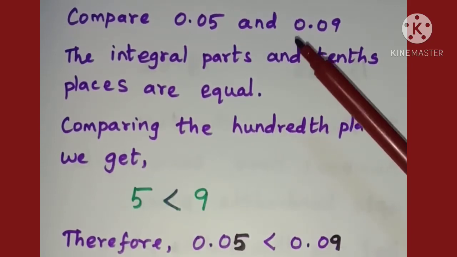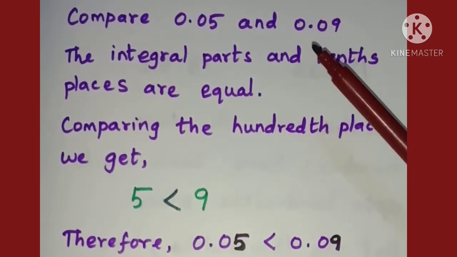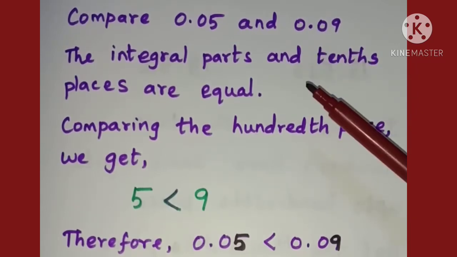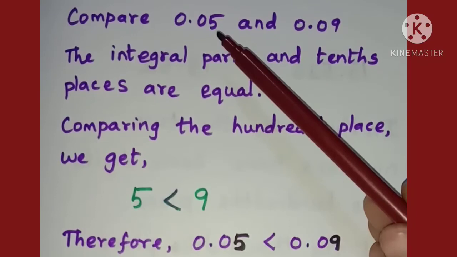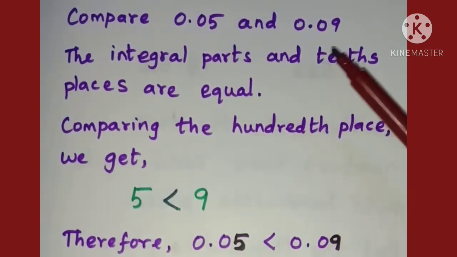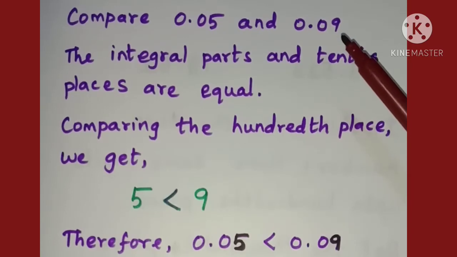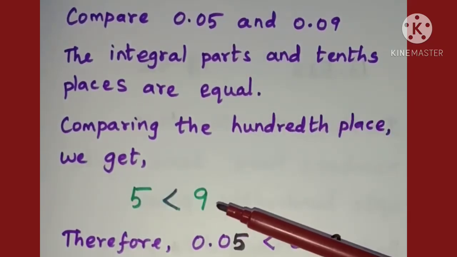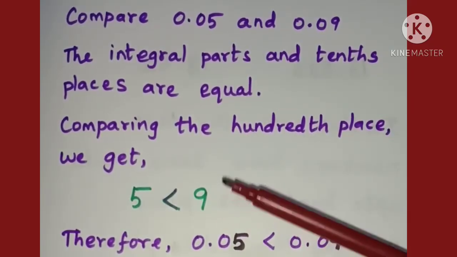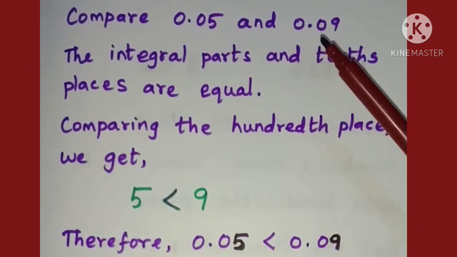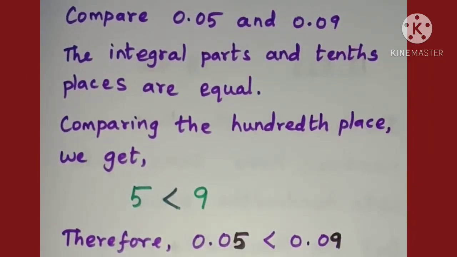So as step 3, we have to compare the digits in the 100th place. In the first decimal number, the digit in the 100th place is 5 and in the second decimal number it is 9. So 5 is less than 9. So from this we can say that the number 0.05 is less than 0.09.